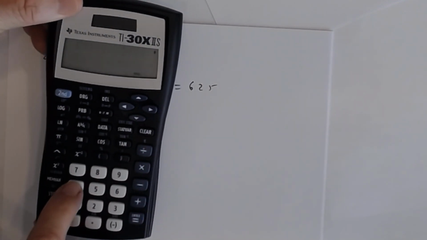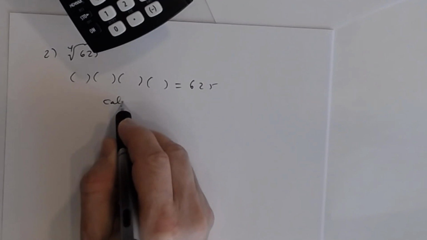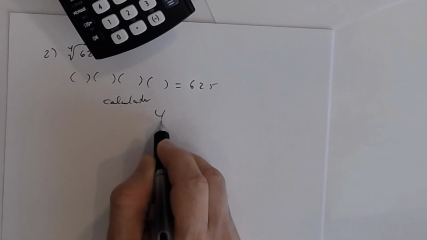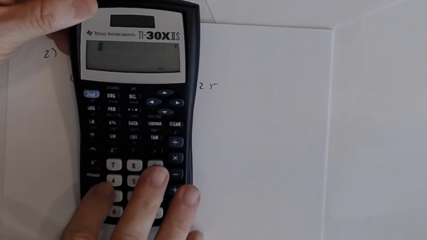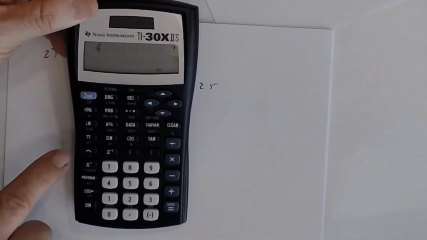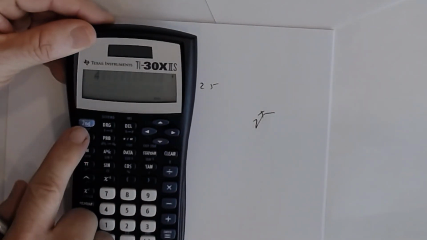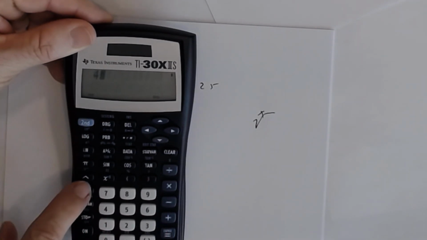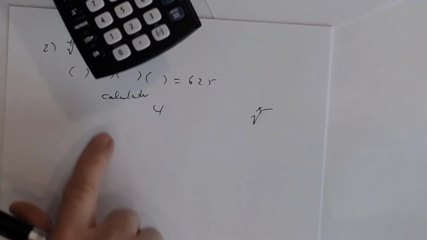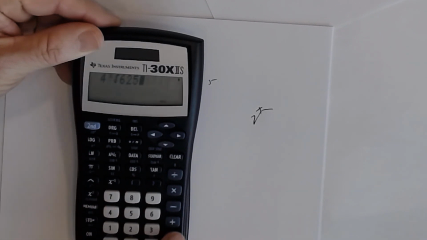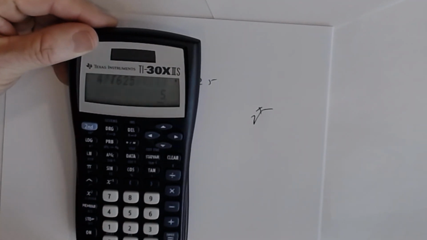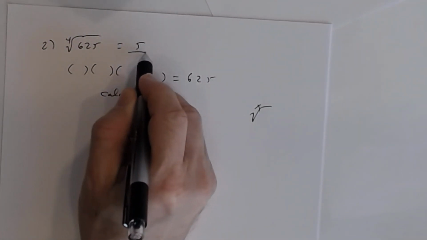So for the fourth root, you have to press 4 first on the calculator. Then you press this symbol right here, so you say second, that symbol, and then 625, and you press equal, and the answer is 5. So that's equal to 5.